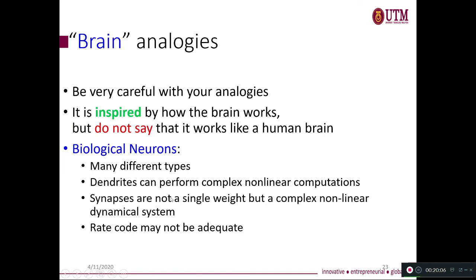So that still cannot be modeled by neuroscience. We just simply make two functions for each neuron, one an input function and another an activation function, and that's why the rate code may not be adequate there.